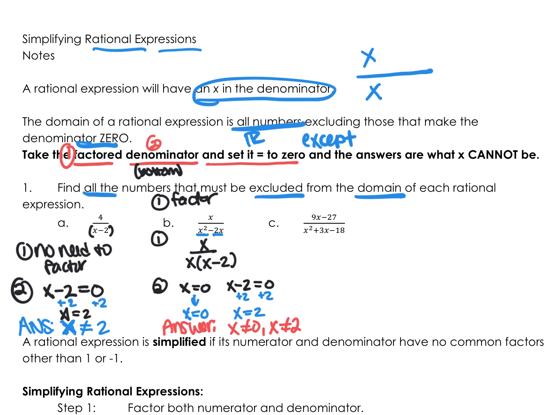So the first step for part C is to factor. When there's 3 terms in the bottom like this, we know that's a trinomial, and here a is 1. There's nothing in front of x squared. So when you factor the bottom, you're going to be looking for 2 numbers that multiply together to get negative 18 and add together to get 3.